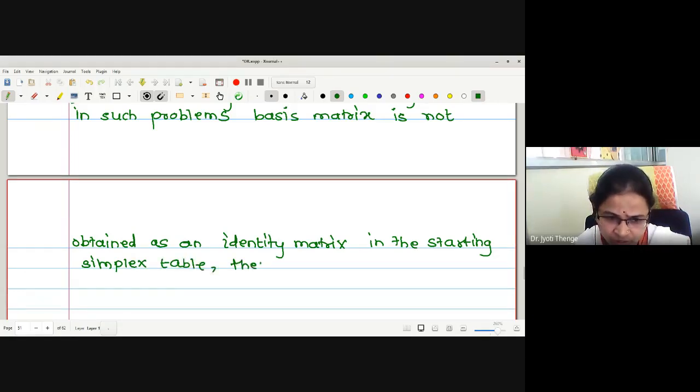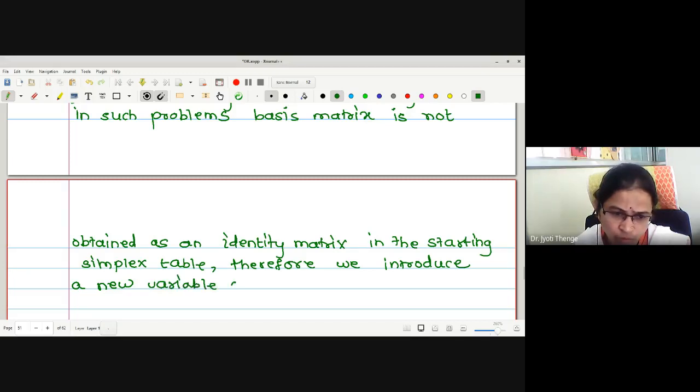Therefore, we introduce a new variable called an artificial variable.